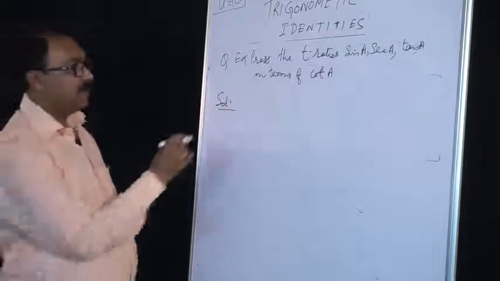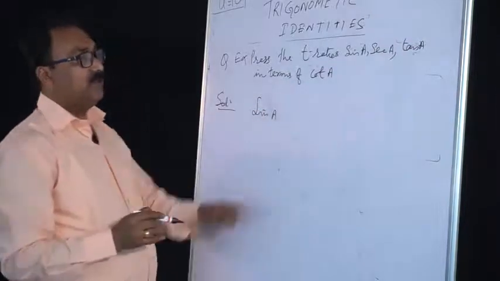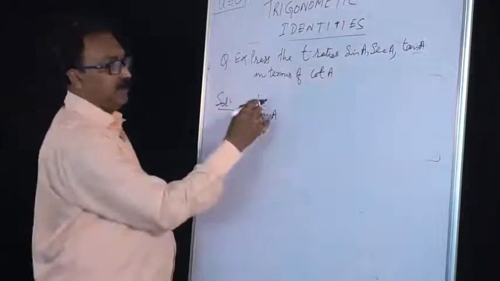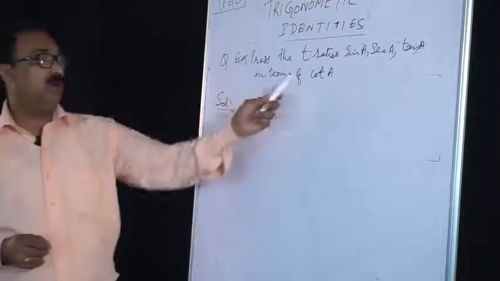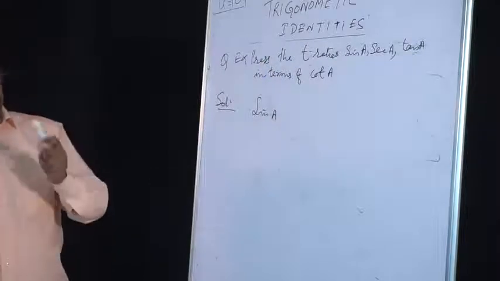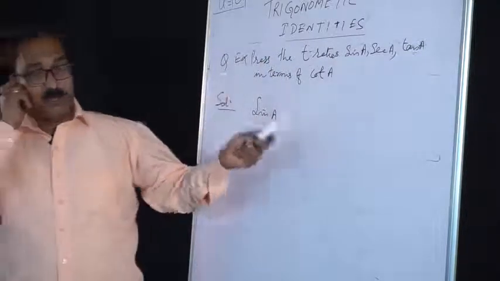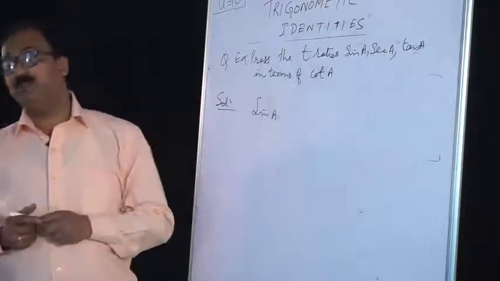Now look here, sin A, I am writing sin A. In order to reach this one, you have to know this formula. Okay? What formula do you have to know? Tell me, sin A to reach cot A, how do you have to do it? First you remember the formula sin square, cos square, then cos changes into this, or cosec changes into cot. That also you can do.